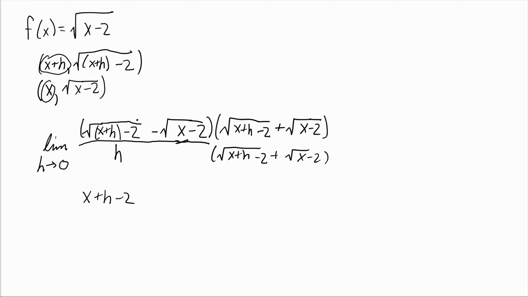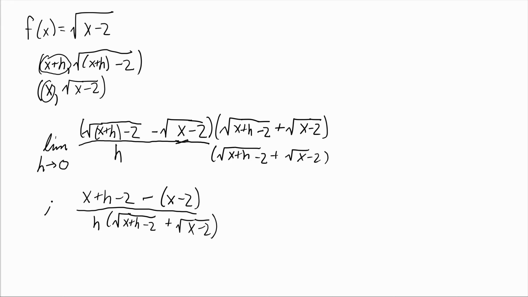That just means the square root's gotten rid of. And the second guy is also squared, but keep it in parentheses here. Minus x minus 2, that's because this negative will apply to the whole thing. We're subtracting off all over h, and then the bottom we have the square root of x plus h minus 2 plus the square root of x minus 2.